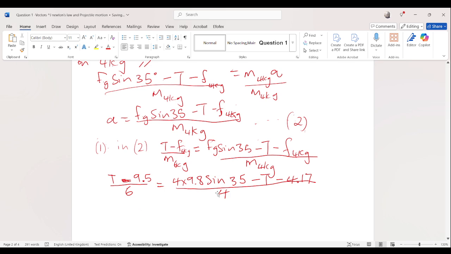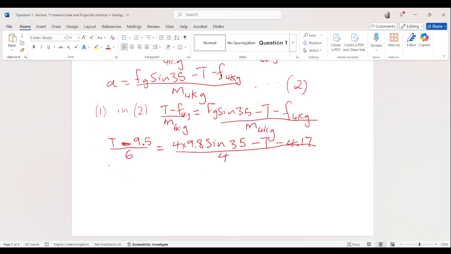Now, what we have will be, if I cross multiply, if I multiply both sides by 4 and also by 6, so that I can get rid of 6 this side. Whatever I do on one side, I can do on the other side as well. 6 will cancel 6. Here 4 will cancel 4.